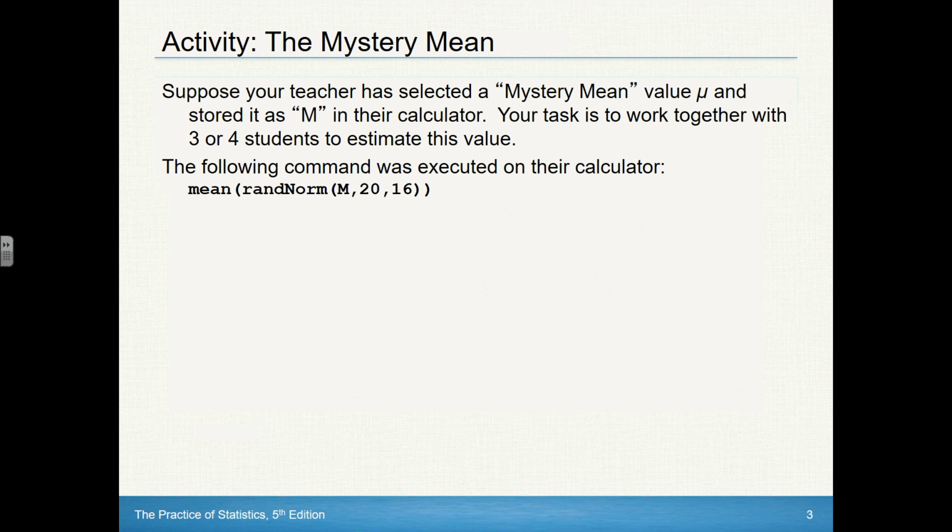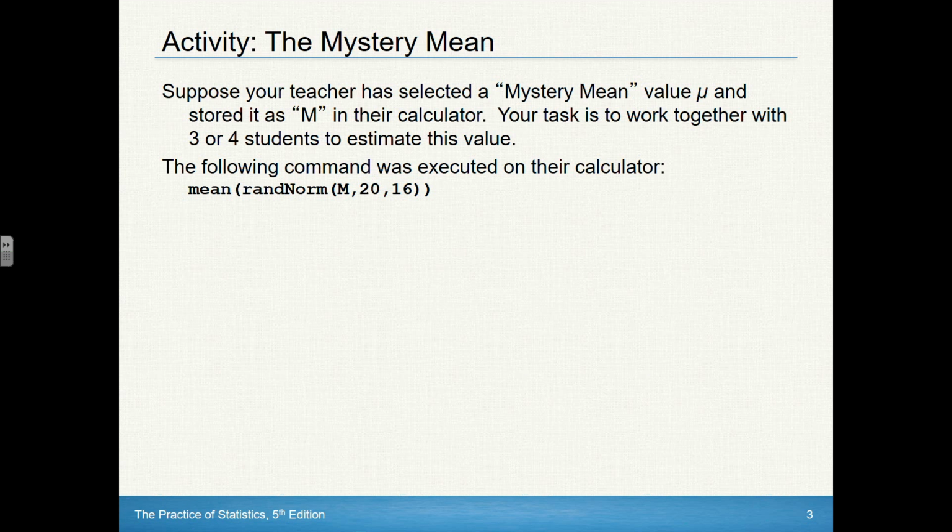Let's say we had this example where the teacher had a specific mean in mind, call it mu, and they stored it into a calculator as m. Now let's just say that you were given some information here.